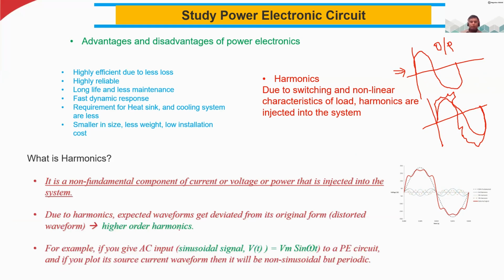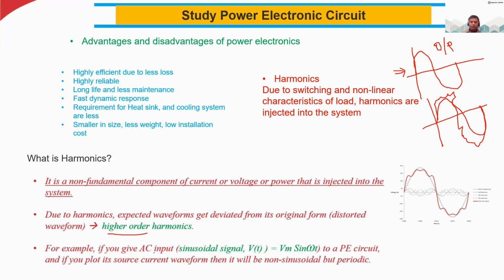Because of the harmonics, we are getting distorted waveforms. Instead of a smooth waveform, we get a distorted one, and we have higher order harmonics present in the output. I will explain in a while what higher order harmonics are.